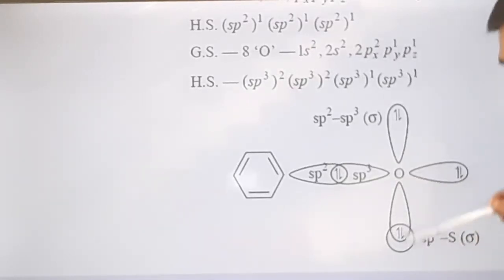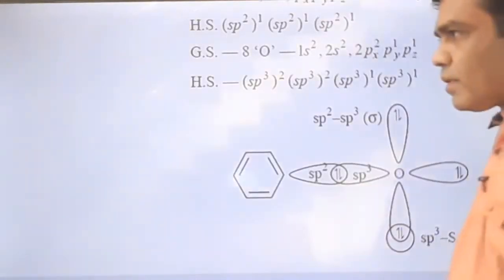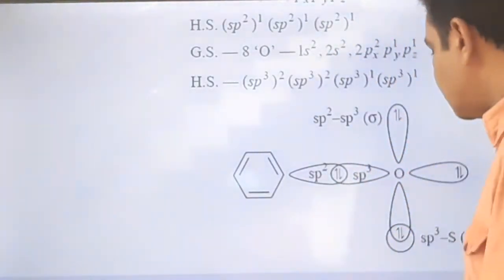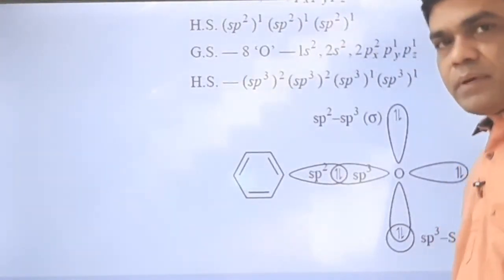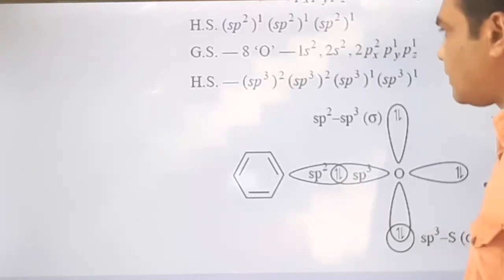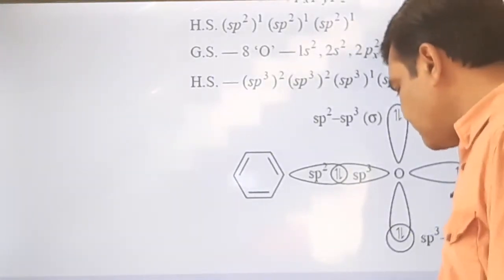So in this way the oxygen hydrogen bond formation takes place. This overlap is sp3 s overlap. So this is the molecular picture for phenol, which shows how the bonds between carbon and oxygen are formed, and how the bond between oxygen and hydrogen is formed. Let us revise again.